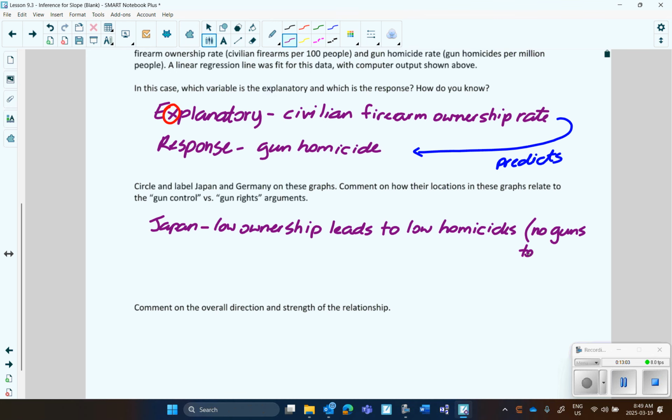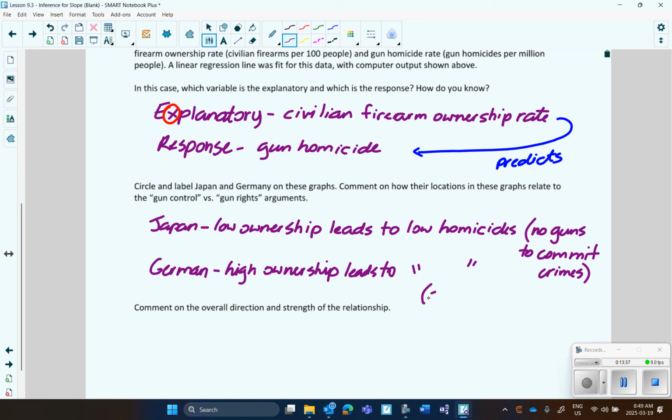No guns to commit crimes. Germany argues high ownership leads to low homicides because it acts as deterrence to criminals.